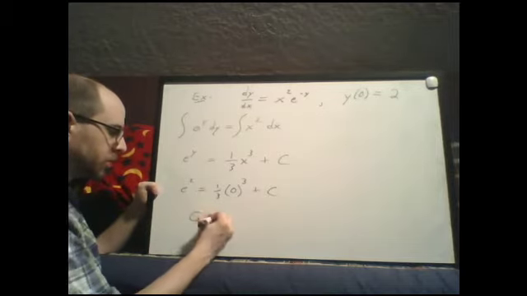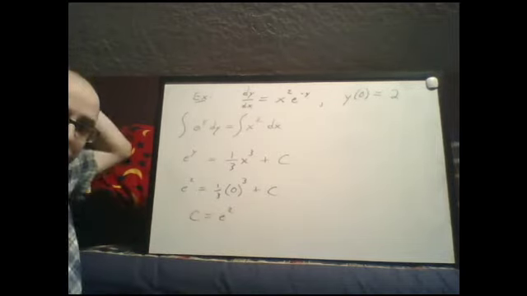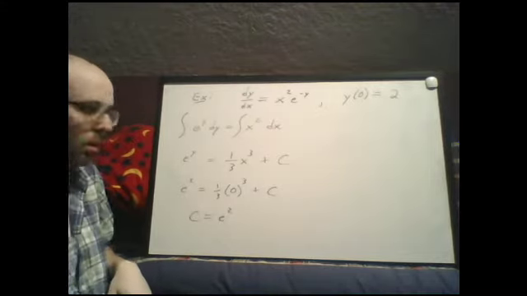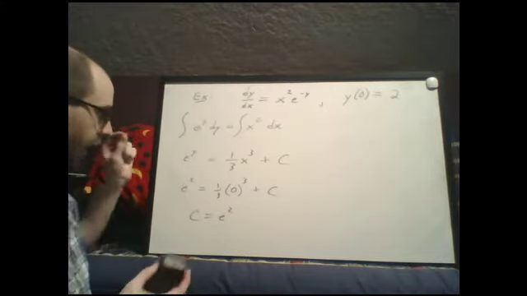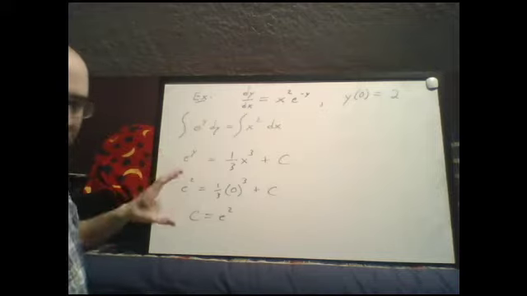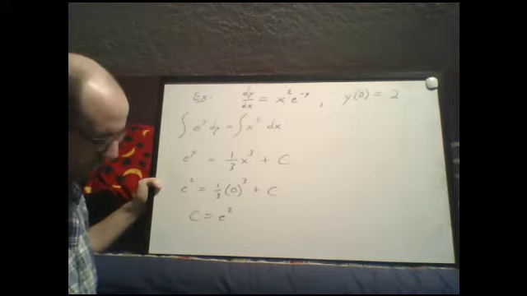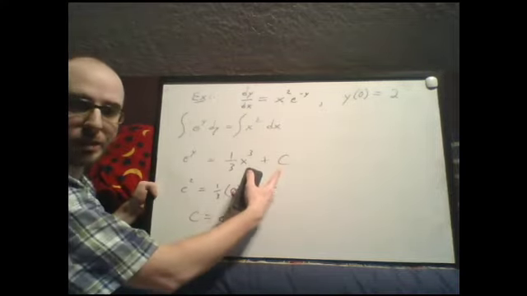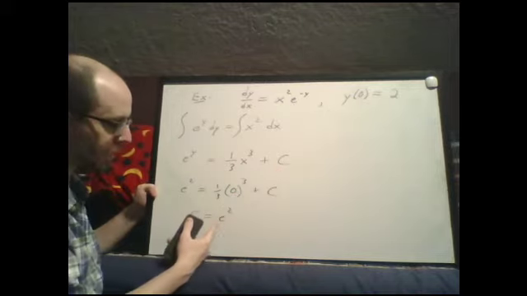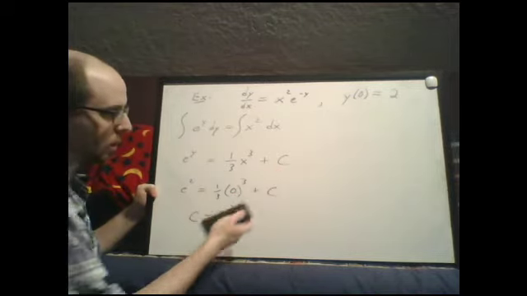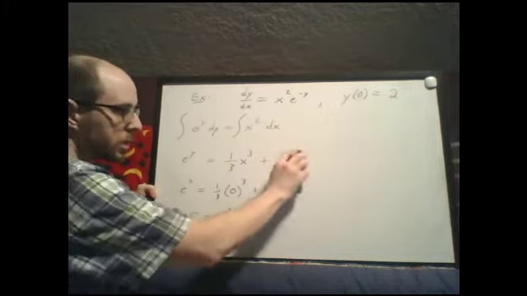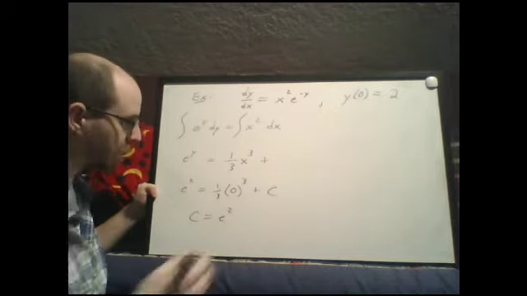So c equals e squared. Okay, so I'm just going to erase and fill in the value here. That tells me I don't have to deal with this unknown constant c. I can just go ahead and plug in e squared for that constant. Our initial condition forces c to equal e squared.